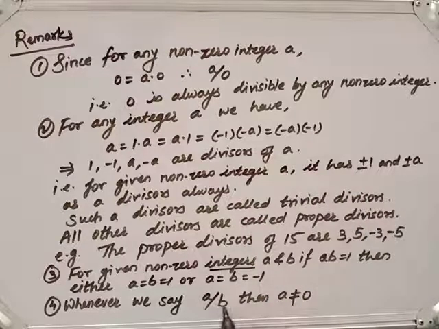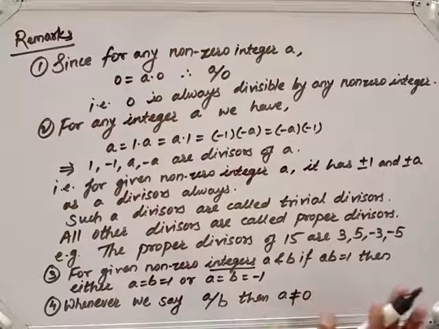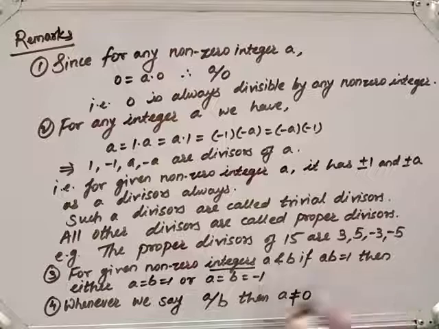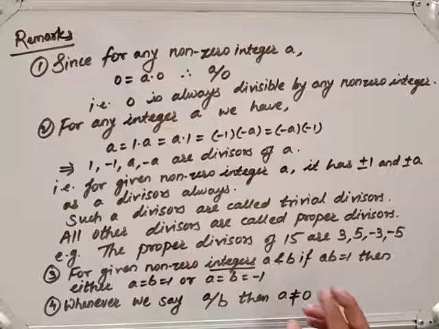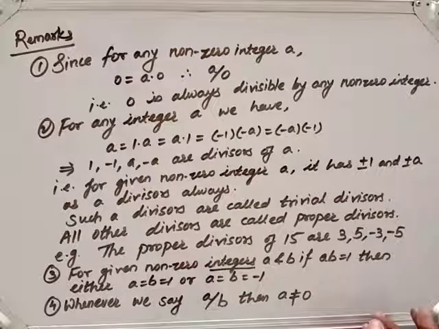Here the divisor a is always non-zero. 0 doesn't divide any integer. Now there are some basic properties of divisibility, and then the definition of prime number comes. We will see the properties of divisibility in the next video.